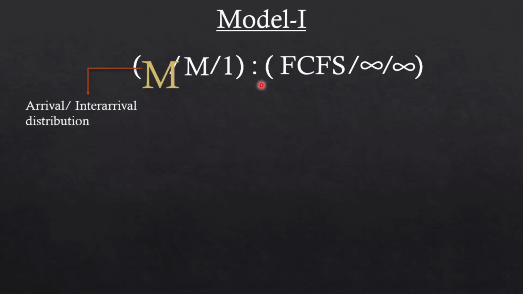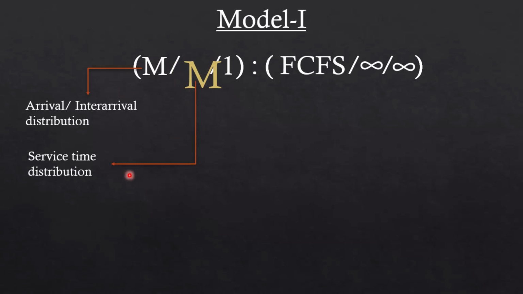The first M represents the arrival or inter-arrival distribution. The arrival rate follows a Poisson distribution and the Markovian or memoryless property, which is represented by capital M. Similarly, the second M represents the service time distribution.